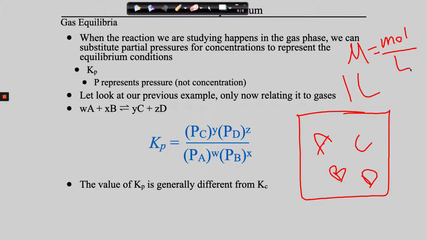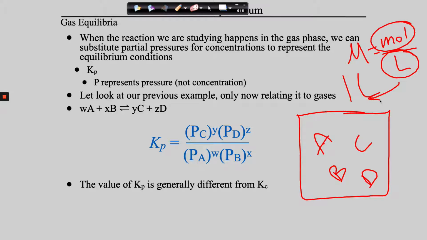And when we think of molarity, we're thinking moles per liter of solution. But with gases, you can actually cheat. And you can say moles of particles divided by the volume of the container in liters. And that allows us to do Kc calculations with gas systems.